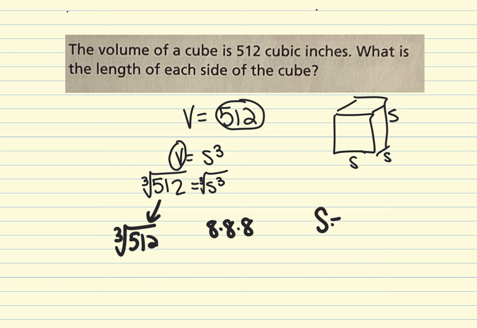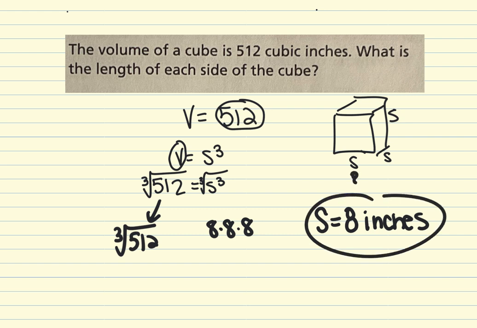So my side length is going to be 8, and I could put inches. It is not inches cubed. It is just inches. Okay, so to find one of my side lengths, it's going to be 8, because then to get that volume, I would do 8 to the third power, or 8 times 8 times 8.